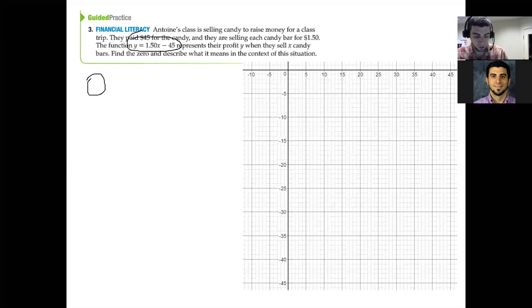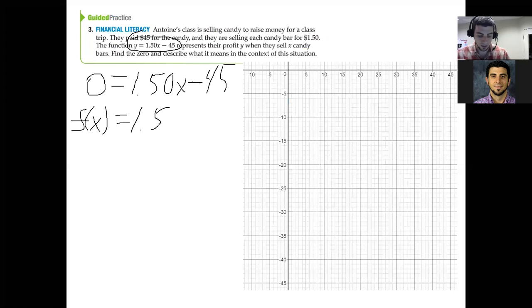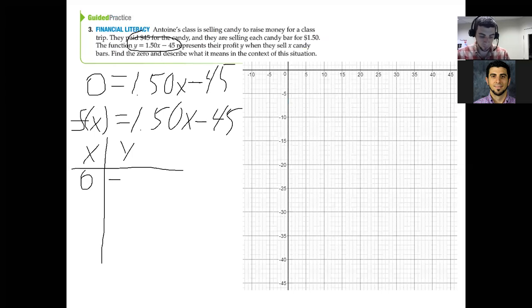So the related function is 0 equals 1.50x minus 45, or the equation, and the related function is f of x equals 1.50x minus 45. Now, if I do a couple values, let's say if I put in 0, you're going to get negative 45, which is down here. I'm going to do multiples of 10, because I know that 10 times 1.50 is going to give me 15.